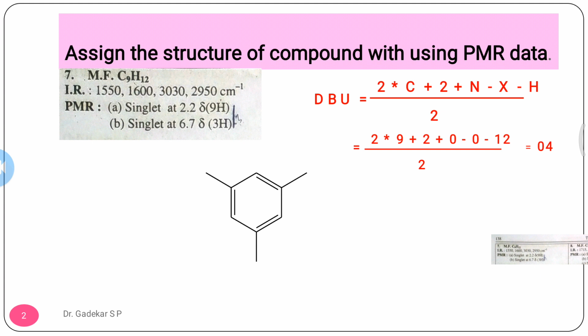So this indicates the presence of 4 double bonds. If the compound contains one ring, it is considered as one double bond.